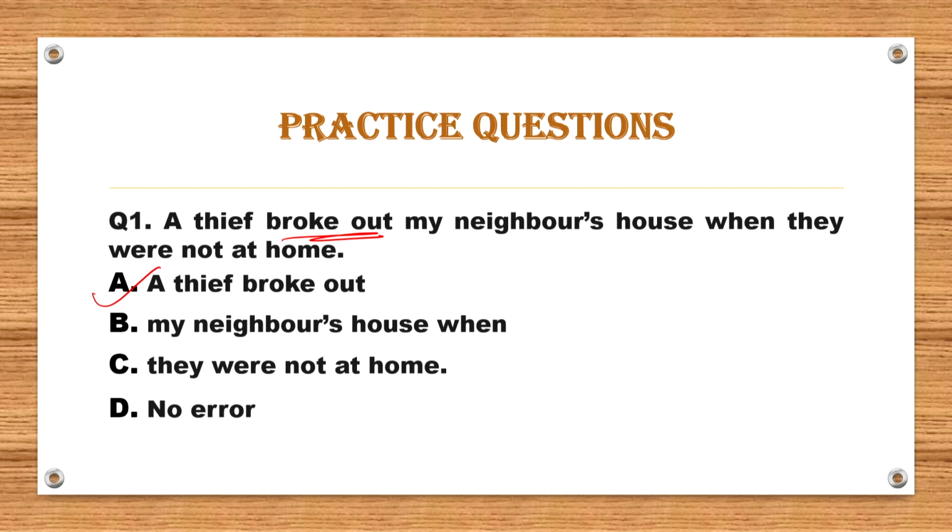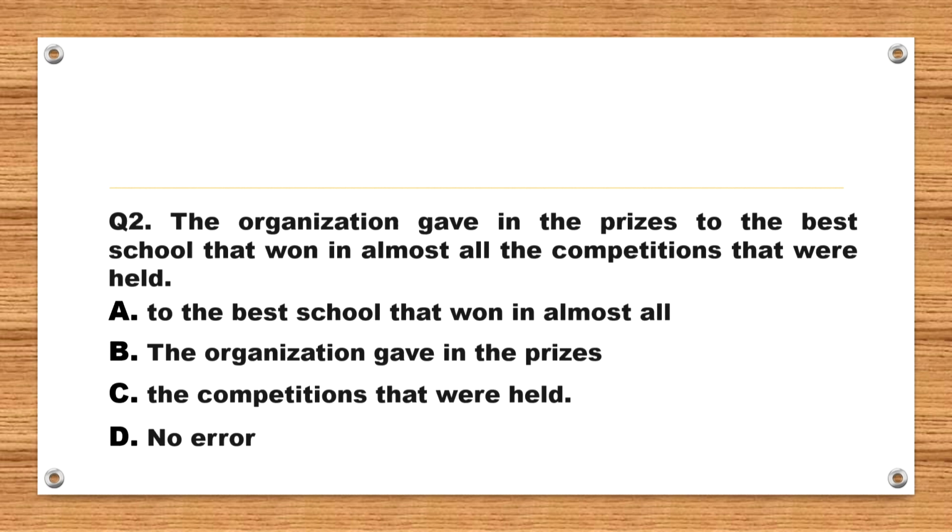Hence, we will use break into over here, which means to enter by force. Therefore, the correct sentence should be: a thief broke into my neighbor's house when they were not at home. So, is it clear? Now, moving on, solve this.